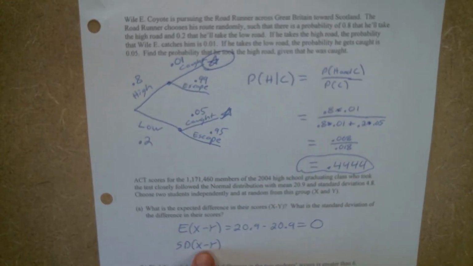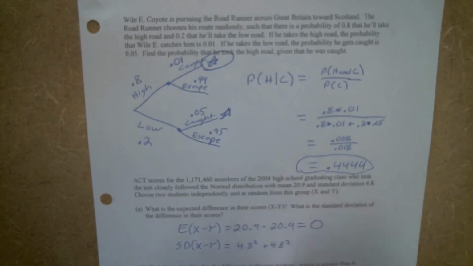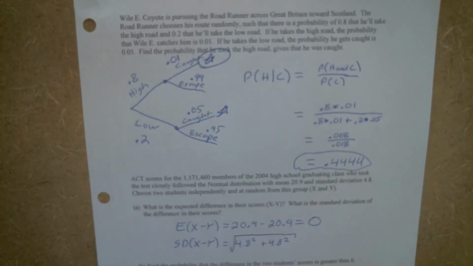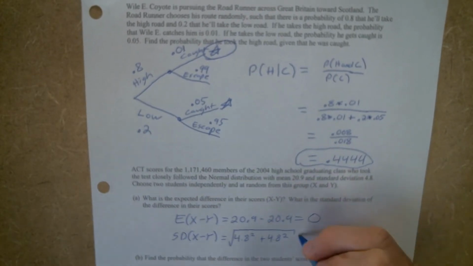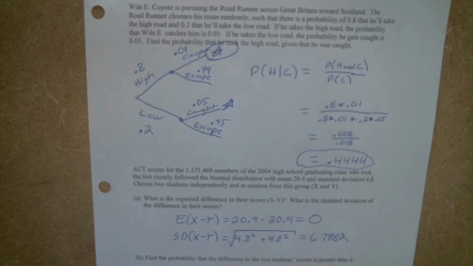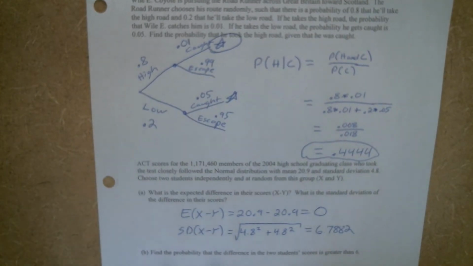Even if you're subtracting, it doesn't matter that you're subtracting, we still add the variances. So that's going to be 4.8 squared plus 4.8 squared. And then to turn it back into a standard deviation, we're going to take the square root. And that ends up being like 6.7882.